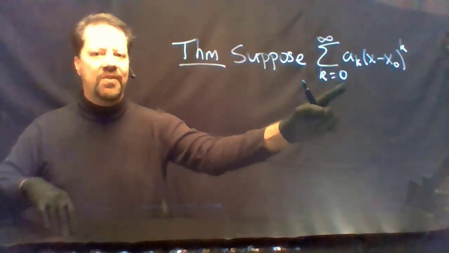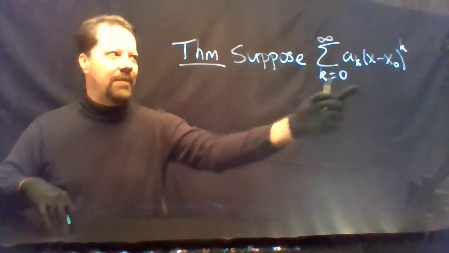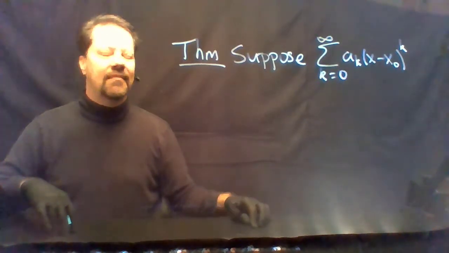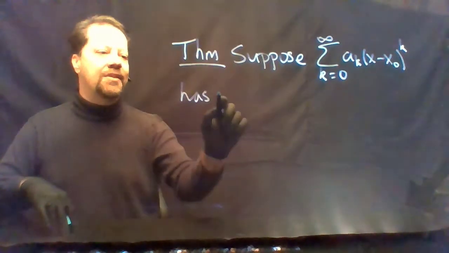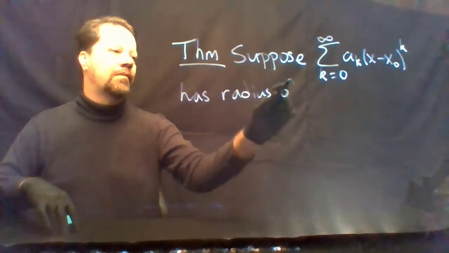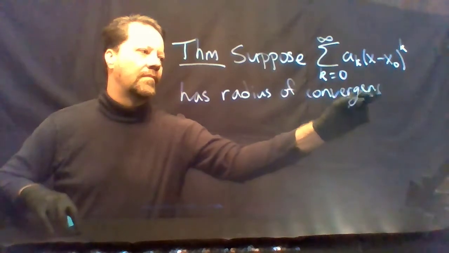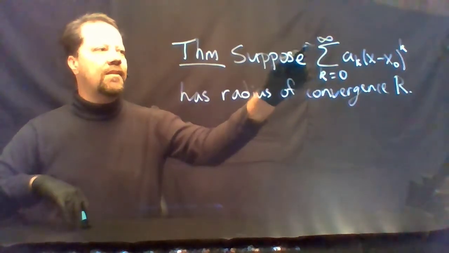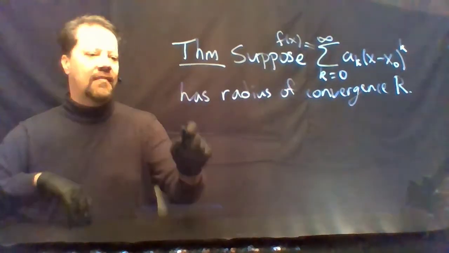We can start at 0, we can start at 1, but you can't start at -1 because that gives you division by 0 at x equals x0. Suppose that this power series has radius of convergence r. Let's call this f of x. It's just some function of x.